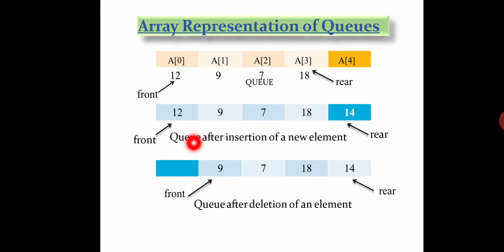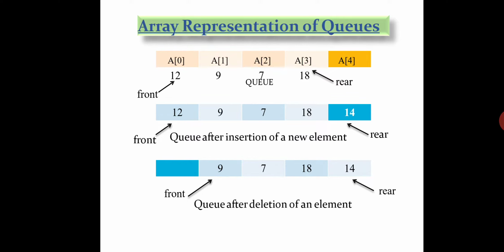In the second diagram of this slide, the queue after insertion of a new element, rear initially is at a maximum of a of 3. If you add one more element, rear moves to the next location. If you delete one element from the queue, front shows the next location, and the previous one becomes free.